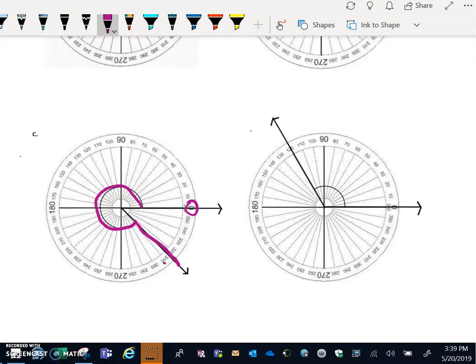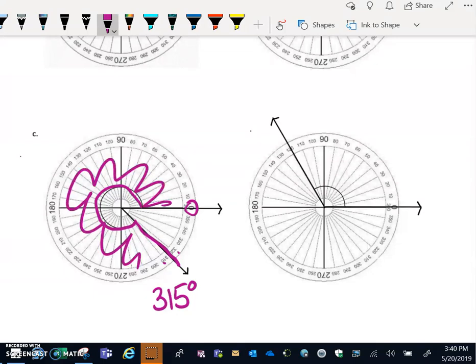It looks like it's between 310 and 320, so 315 degrees. This is one of those reflex angles that we're talking about, all of this. Now we're talking about an angle that is at 0, and we're going to follow it all the way around to 120 degrees.